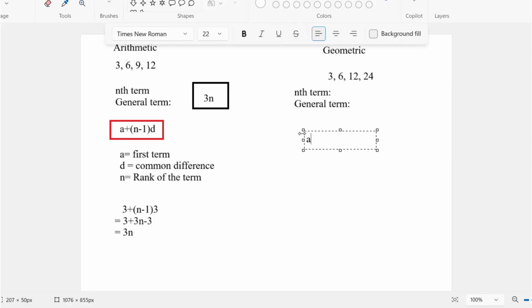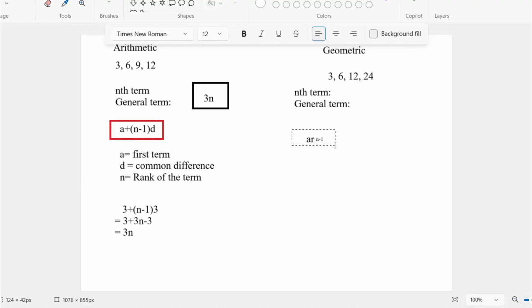And that formula is a times r to the power n minus 1, or ar to the power n minus 1.